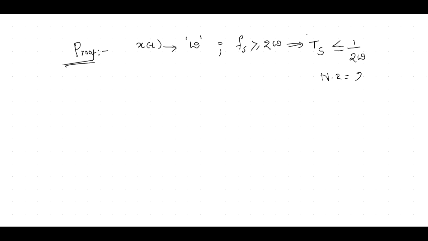Nyquist interval means 1 by 2 omega. Okay. So this is known as the sampling interval, the sampling period. So consider x of t is an analog signal having finite energy and maximum frequency component omega. That means it is band limited to omega. Then fs must be greater than or equal to 2 omega. First write this statement. After that, we have to draw the signals.